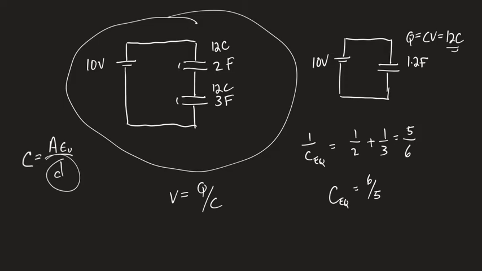So 12 divided by 2 means 6 volts here. And 12 divided by 3 means 4 volts here. So the smaller capacitor takes more of the voltage.